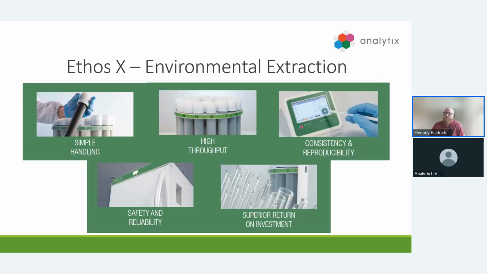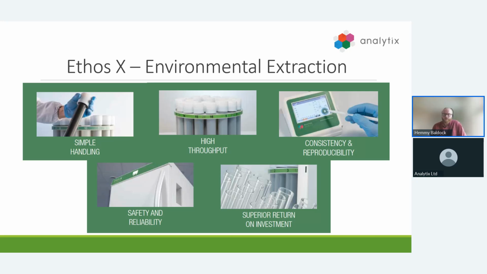So just to summarize today, we have discussed the Ethos X system for environmental extractions using microwave assisted extraction. This system offers easy handling with simple workflows. The system using the FastX24 rotor has high sample throughput with the capability to extract 24 samples simultaneously.